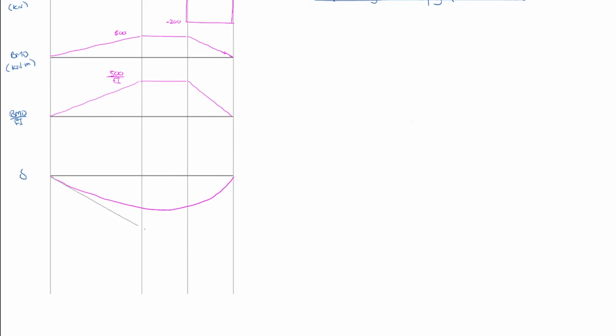So the tangent at A, and let's draw in the tangent at B. I'm going to have to extend my line down here a little bit, and I'll label that as theta A and this as theta B.